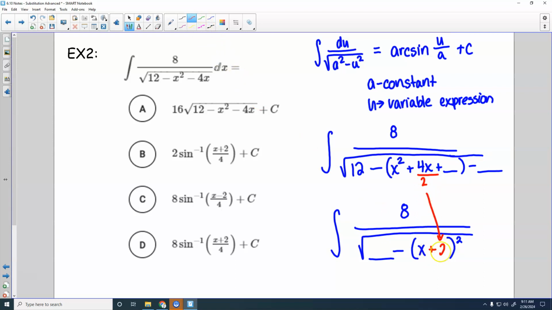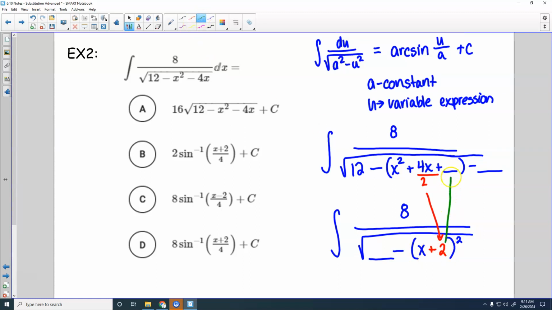So we'll have a plus 2, right? If we reverse this double, x plus 2 squared has to equal what you've got in this parentheses, x squared plus 4x plus blank. So if I square this, x squared plus 4x plus 4 is what's going to go here.